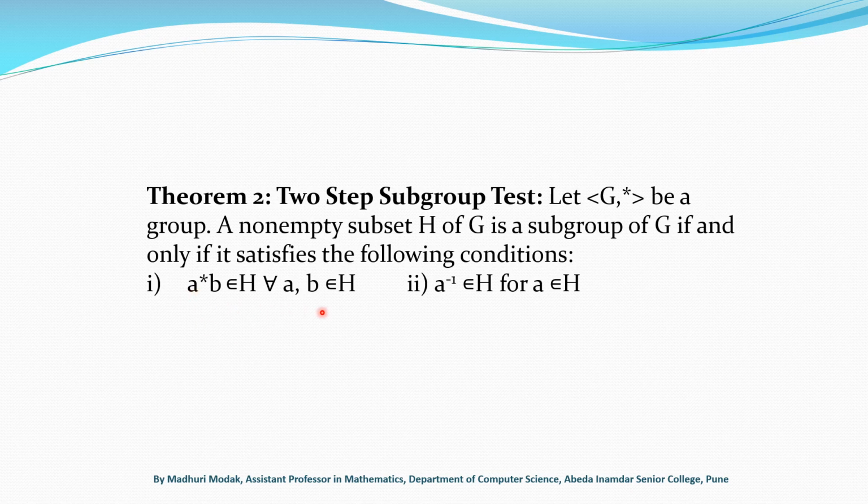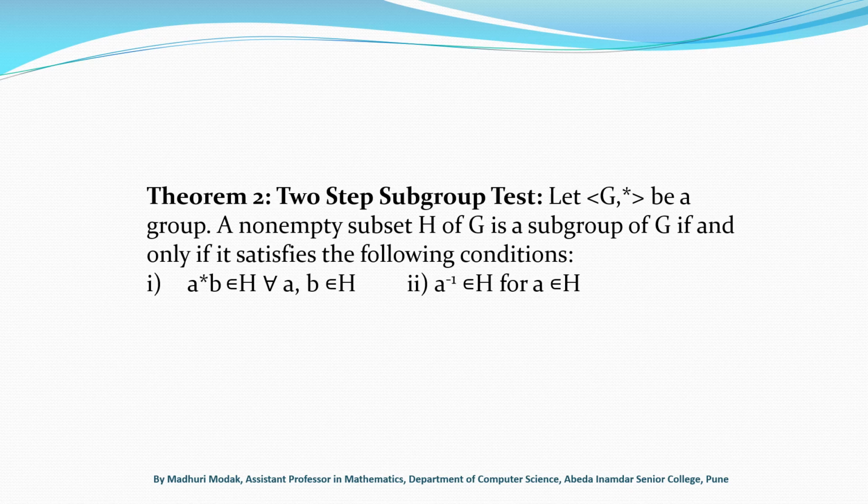And secondly, A inverse belongs to H for A in H, meaning an inverse exists for every element in H. So the condition A star B inverse in H from the one-step subgroup test is split here: first A star B in H, and secondly A inverse in H. There are two conditions, that's why this test is called the two-step subgroup test.